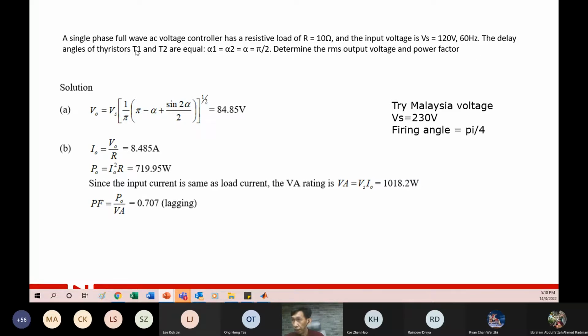The delay angle for T1, T2 equals pi divided by 2, which is 90 degree. Then determine the RMS. The equation is very straightforward. If you punch it correctly, you should get this. If you punch it wrongly, you get some other result. So this is how your final will look.